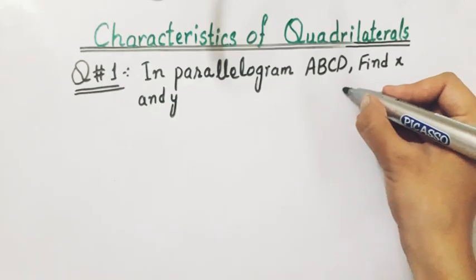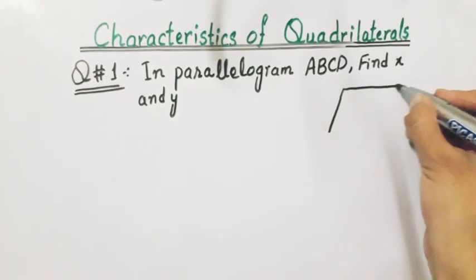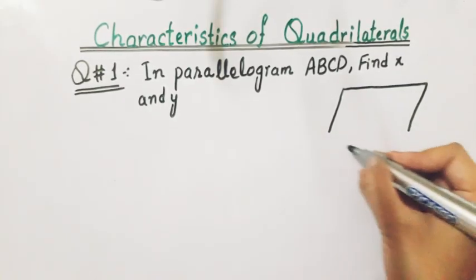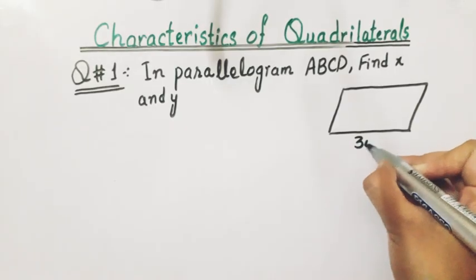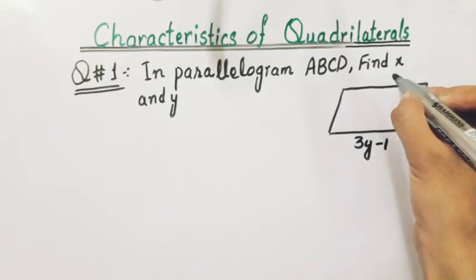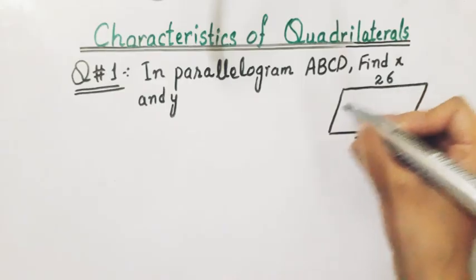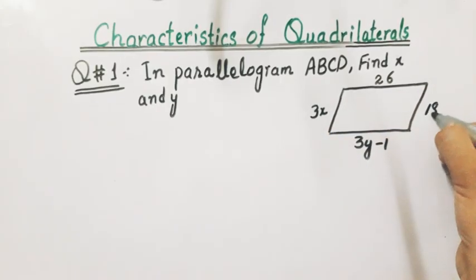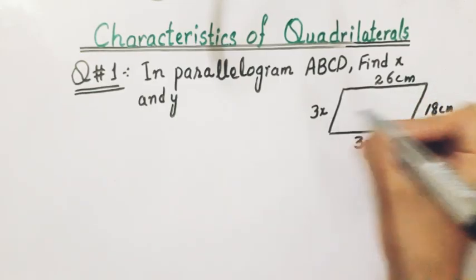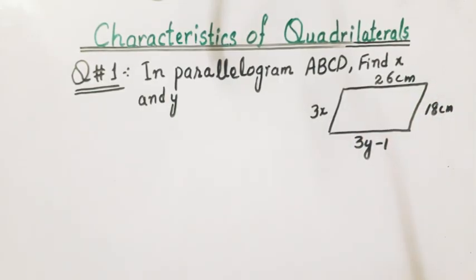And this is the shape of the parallelogram. The length of this side is 3y minus 1 and the length of this side is 26, the length of this side is 3x and this side is 18 centimeters. So you have to find the value of x and y.